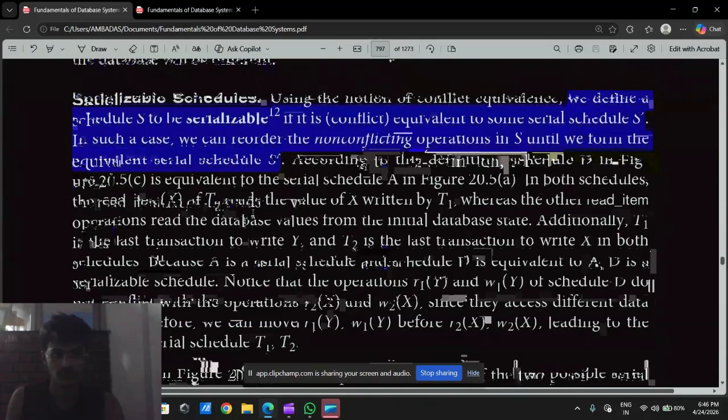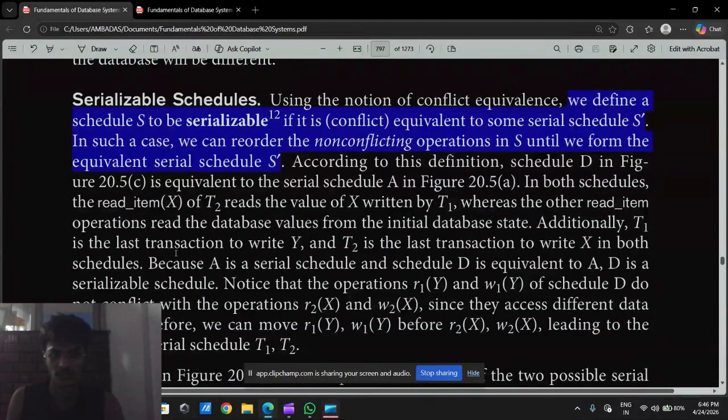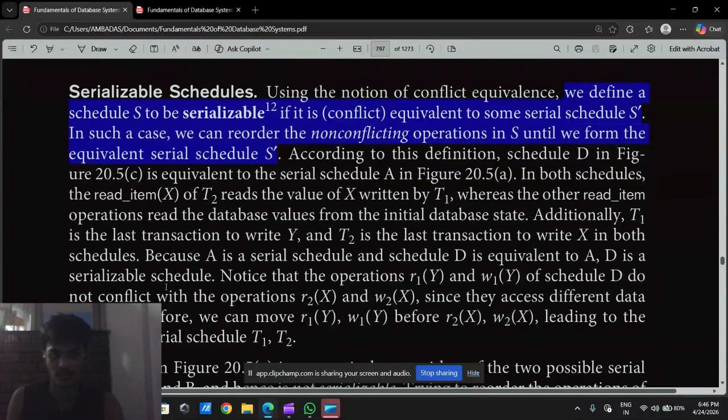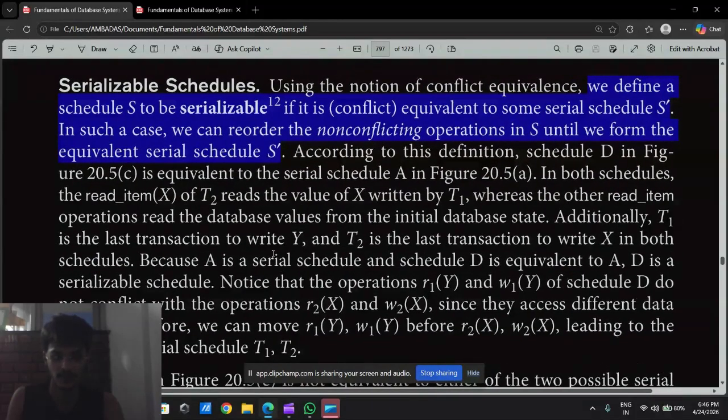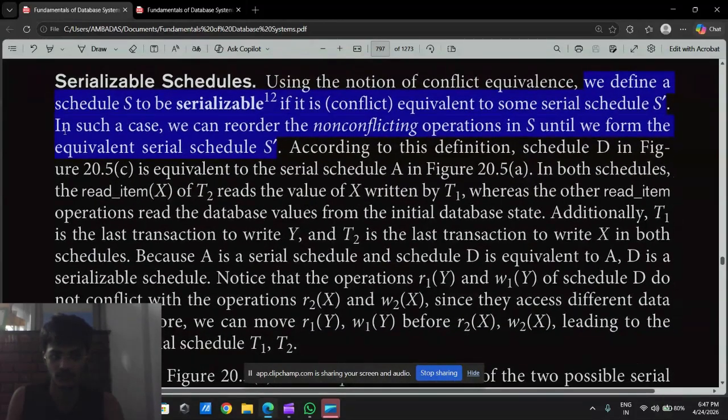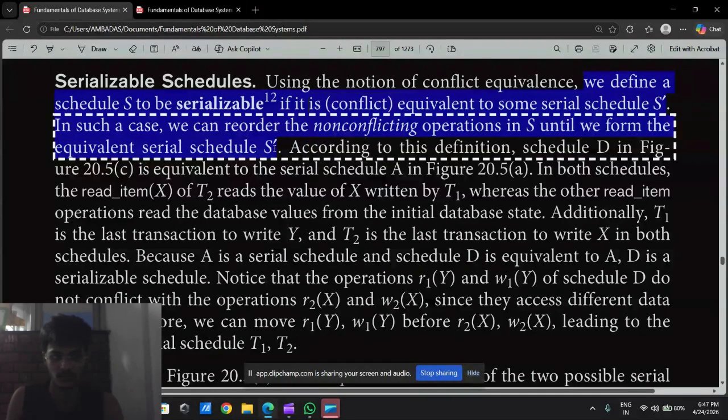So let's move to serializable schedules. Basically, if two schedules are conflict equivalent, they are serializable. And I have explained what conflict equivalent means.